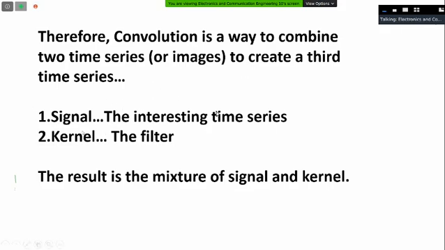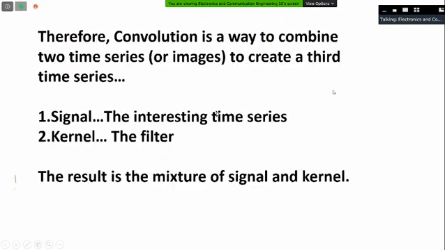Now, what are the two time series? One can be the signal, the interesting time series; it can be a data signal or any kind of signal. The other we call the kernel, the filter.